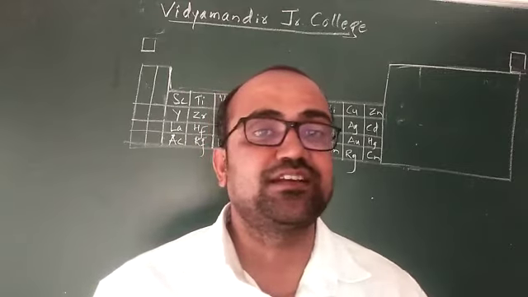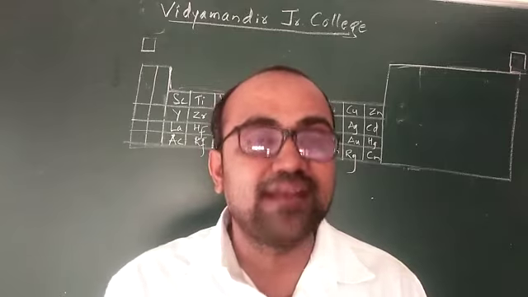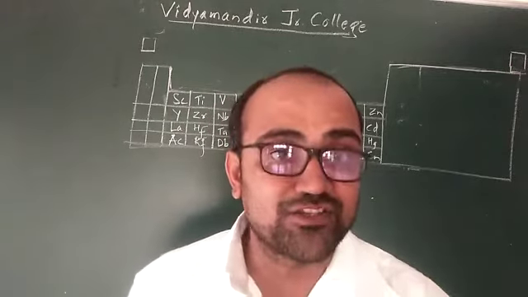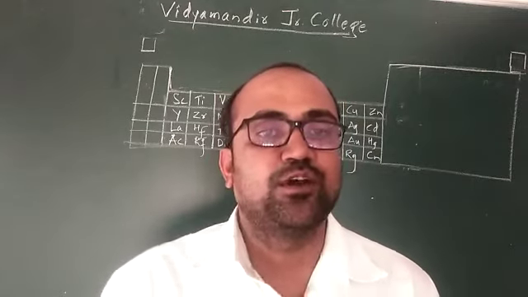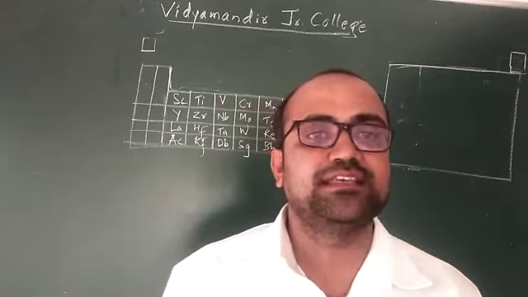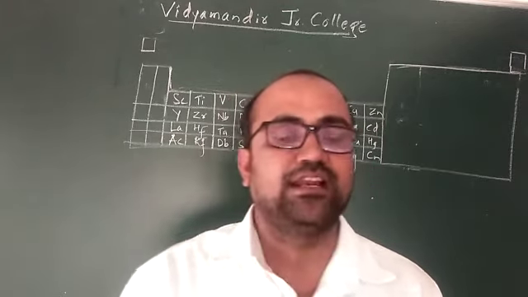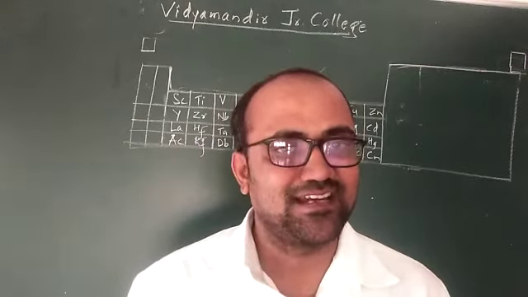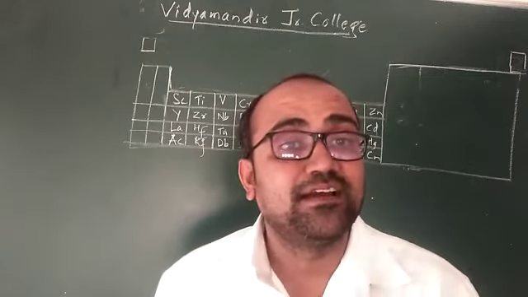The last shell is n minus 1, the penultimate shell, and n minus 2 is the anti-penultimate f orbital. So if the last electron is entering the anti-penultimate f orbital, then such elements we call F block elements.